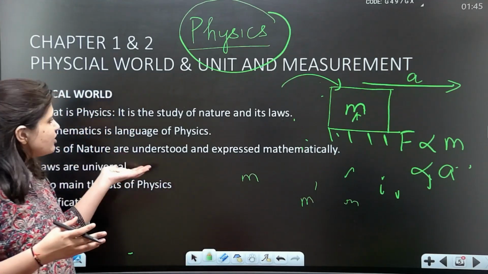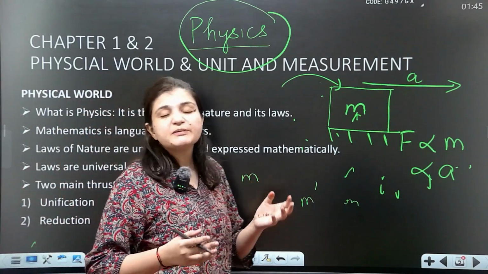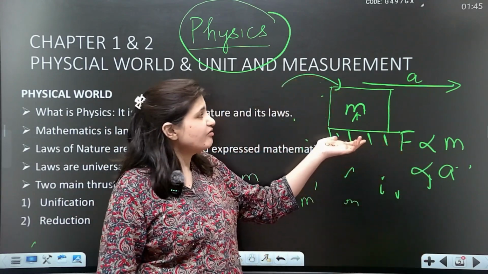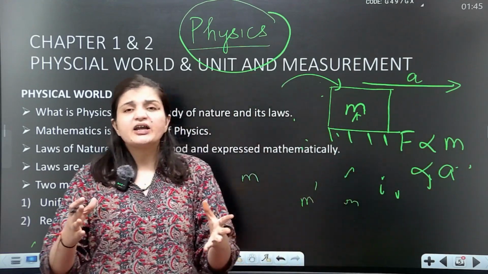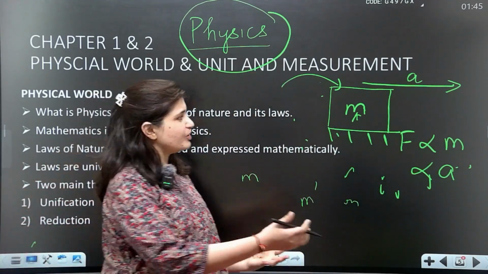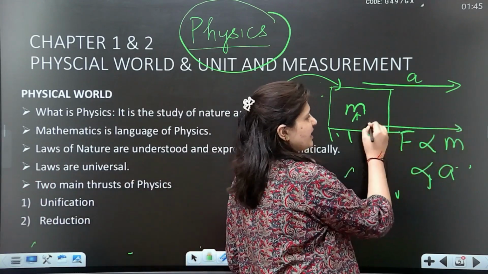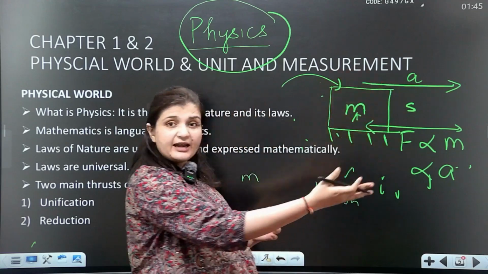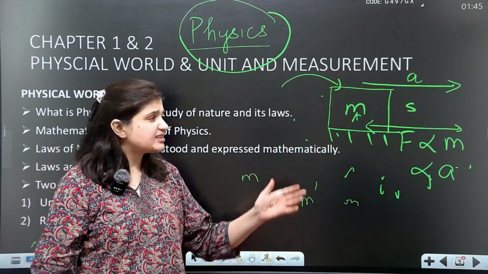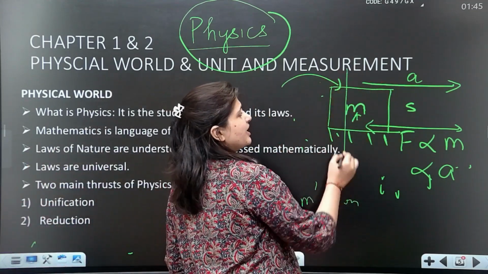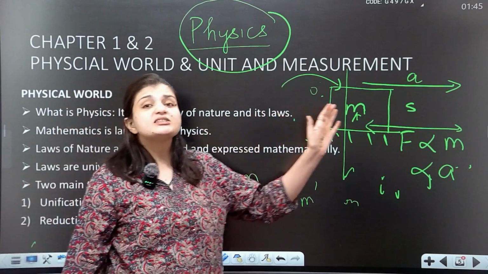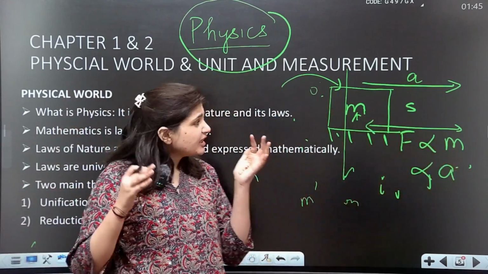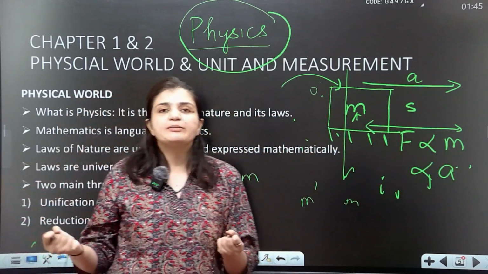These laws of nature are understood and expressed mathematically. If this object of mass m is moving with a certain acceleration, how much distance will it cover, where will it stop, if it started from zero speed? We solve all this using maths.